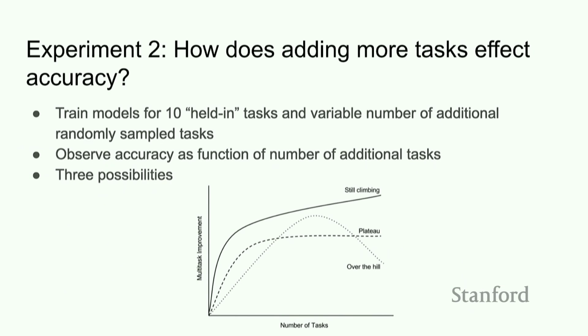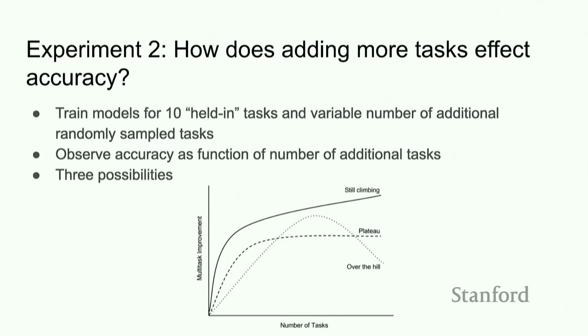Then in experiment 2, they ask, how does adding more tasks affect accuracy on a set of held-in tasks? They train a bunch of models on the same 10 tasks, and then add a variable number of additional randomly sampled tasks and observe accuracy as a function of the number of additional tasks.